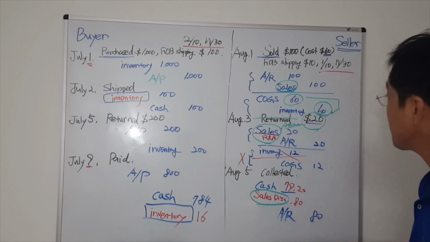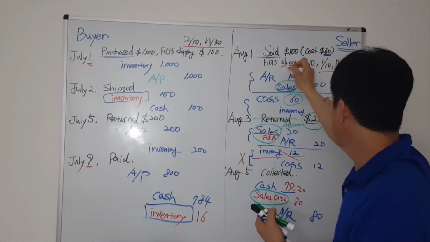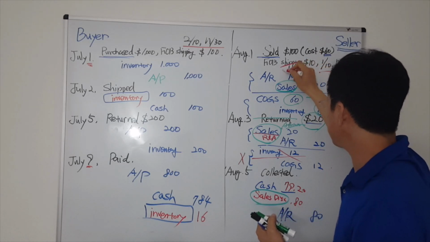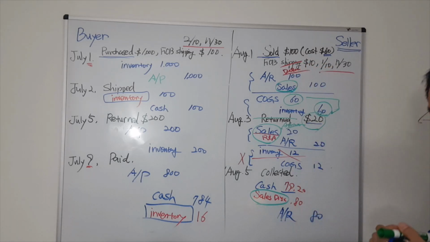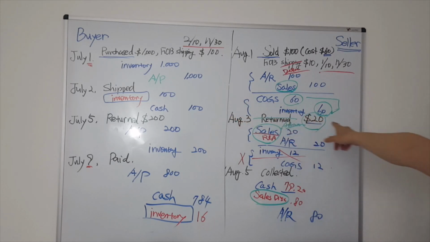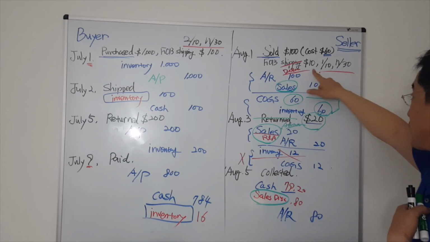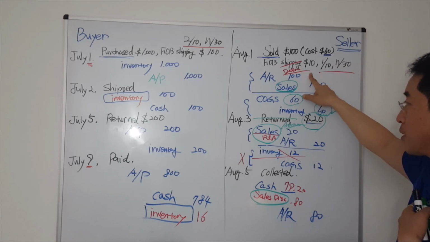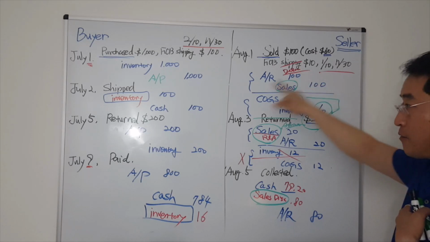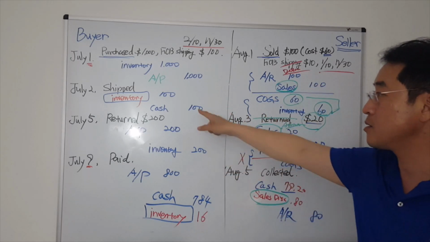But what if it's not shipping point, but destination point? If it's a destination point, how are we going to record the shipping charge? I have to pay the $10 from the seller's point of view. How are we going to record shipping? Inventory, like this?